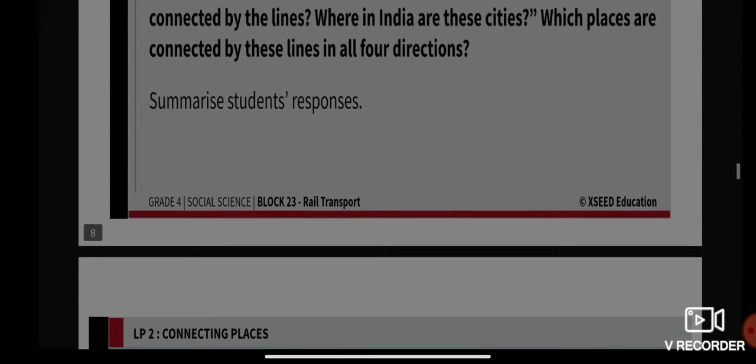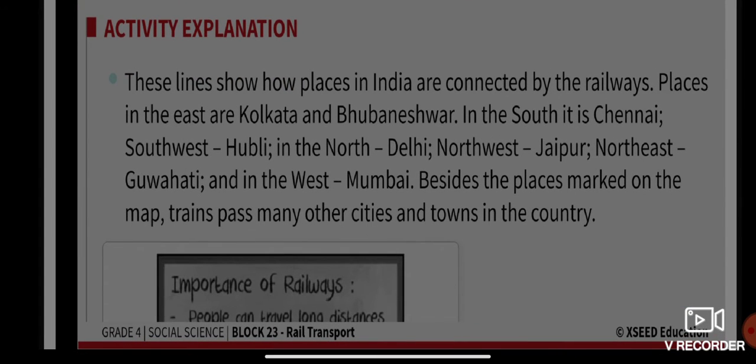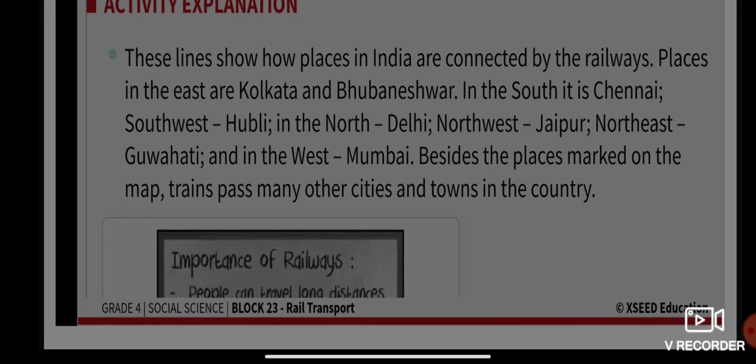As you observe the given picture, you will see that these lines show how places in India are connected by the railways. Places in the east are Kolkata and Bhubaneswar.